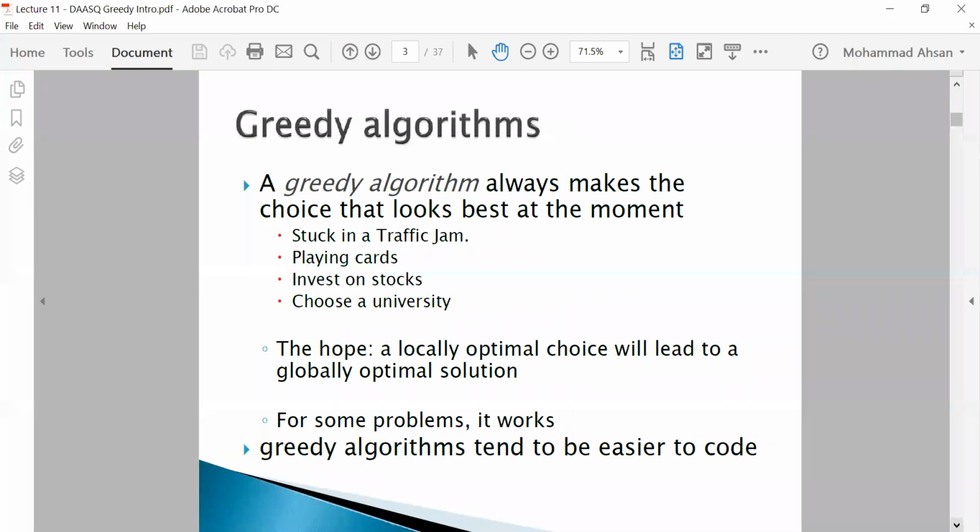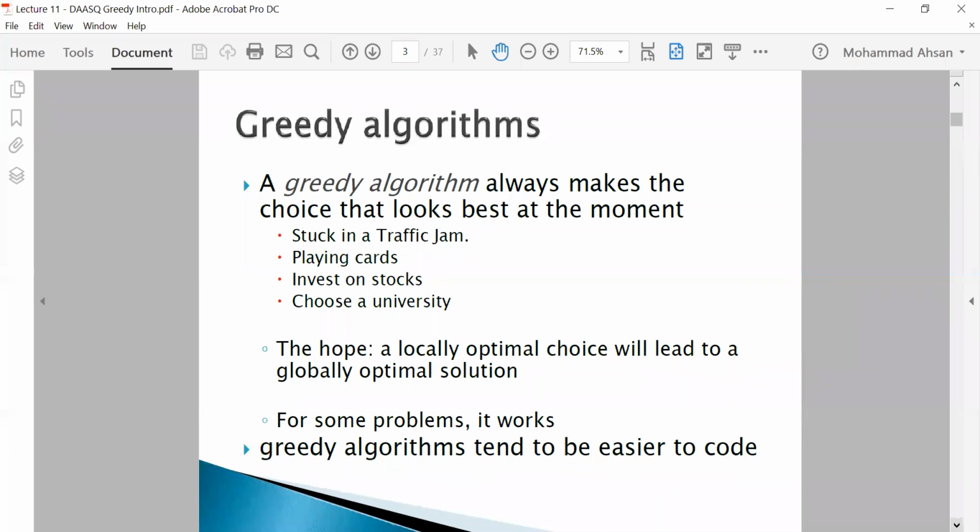So what are greedy algorithms? As the name suggests, this is again an optimization problem where you have to maximize or minimize something. What you try to do at every step is take the approach which seems best at that point. For example, you're stuck in a traffic jam, and you see a lane which is empty.